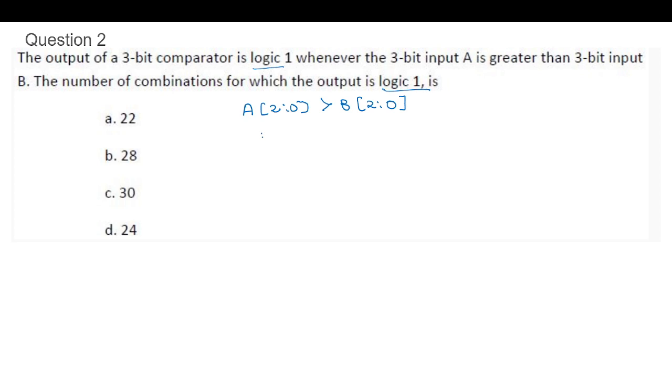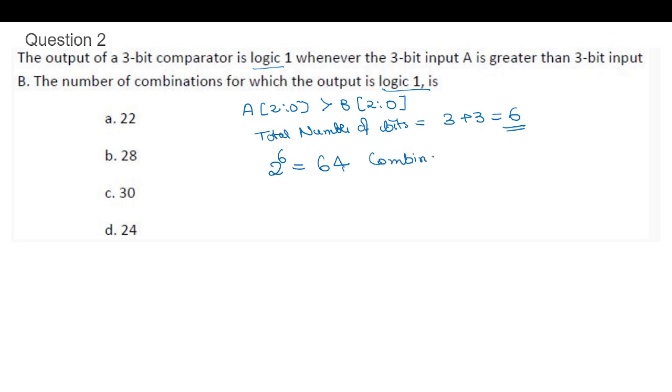So the total number of bits is 3 plus 3, so total we have 6 bits. So total 2 to the power 6 combinations or entries in the truth table we will get, so total 64 combinations.